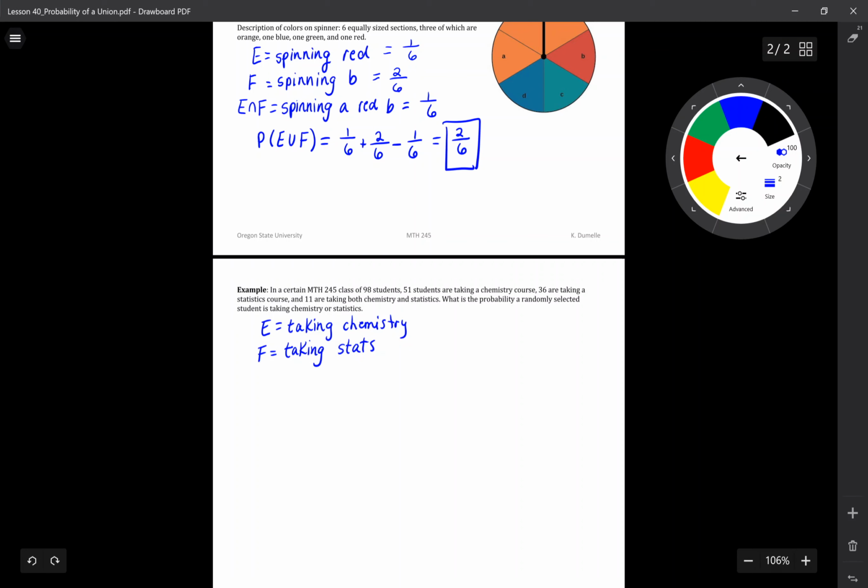So what is the probability that somebody is taking chemistry? Well, there are 51 students taking chemistry out of 98. What about taking stats? There are 36 of those out of 98. And what about E intersect F, taking chemistry and stats?